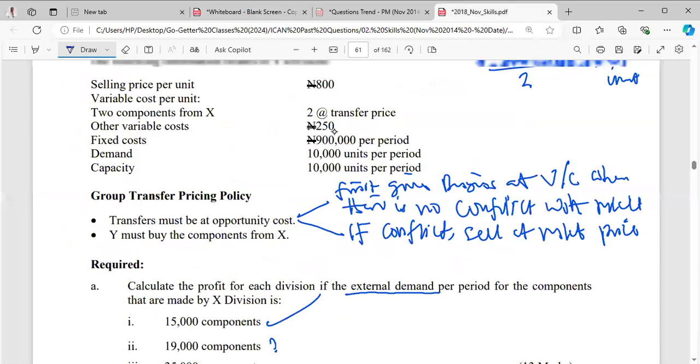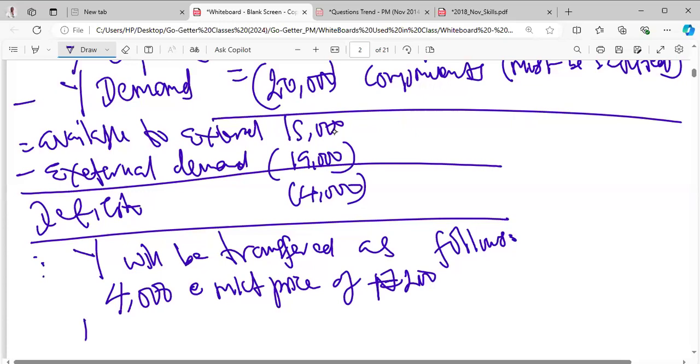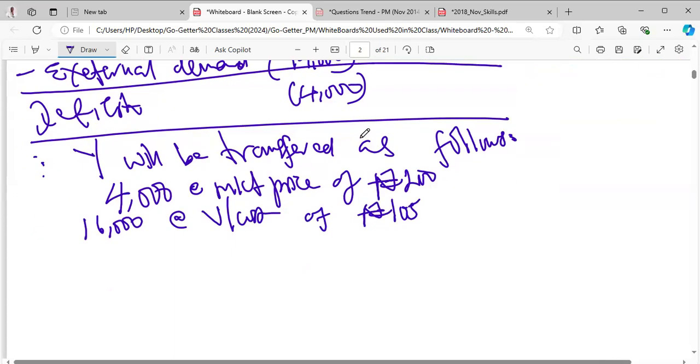Then 16,000 at variable cost of 105. So that is how external will get just 15,000.